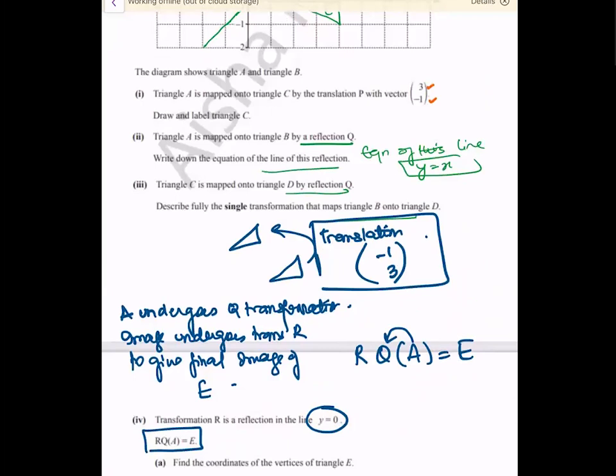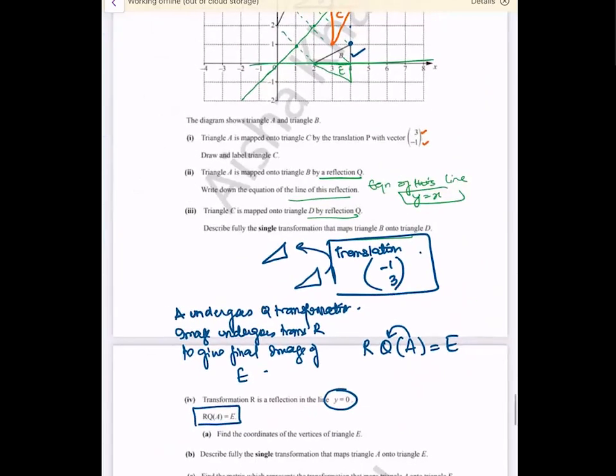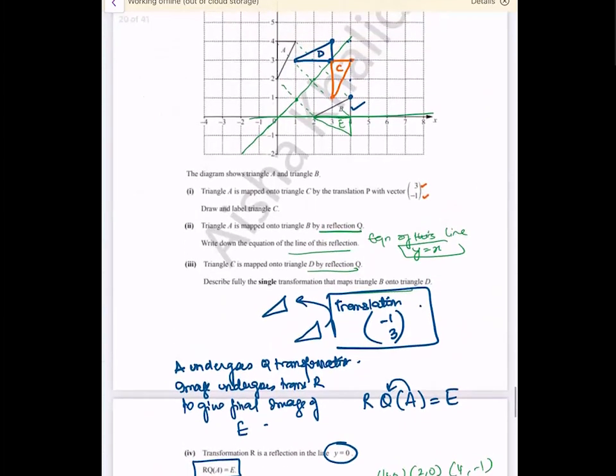Now they're saying find the coordinates of the vertices of E. So E is going to be 4, 0, 2, 0, 4, -1. That maps A onto E. Now they want A onto E directly, what is happening. So I think A onto E is directly a rotation. So I'm going to remove all of these lines, especially the reflection line, because that's not required in the question.